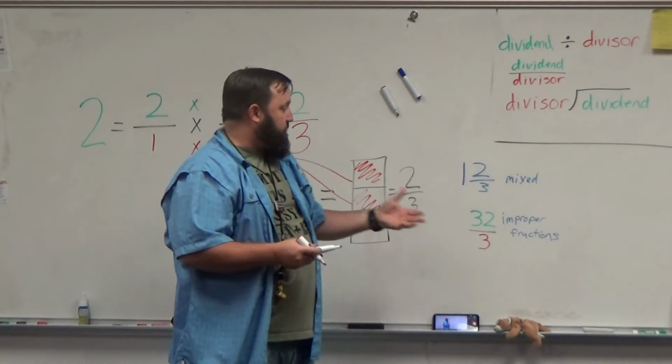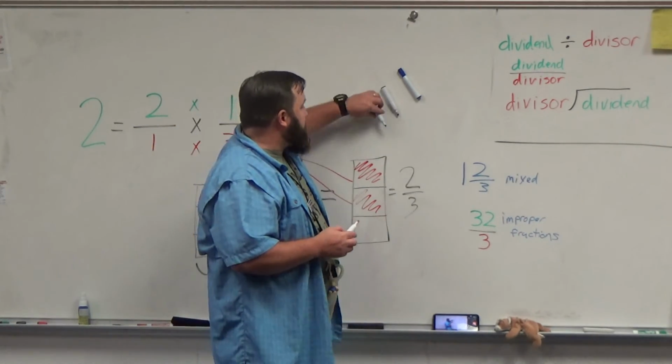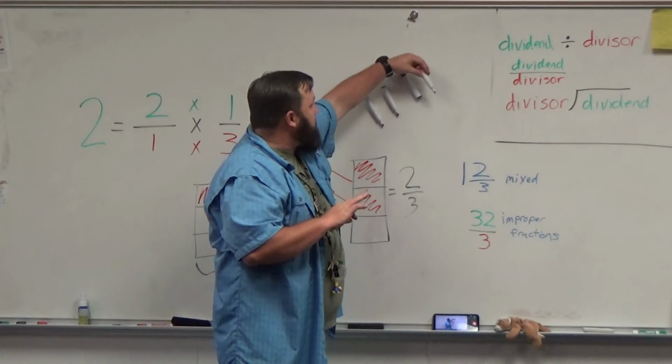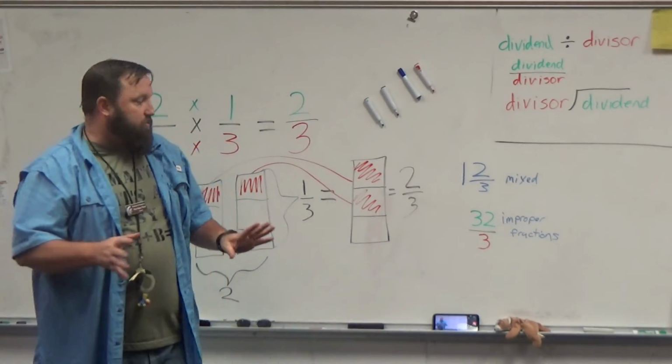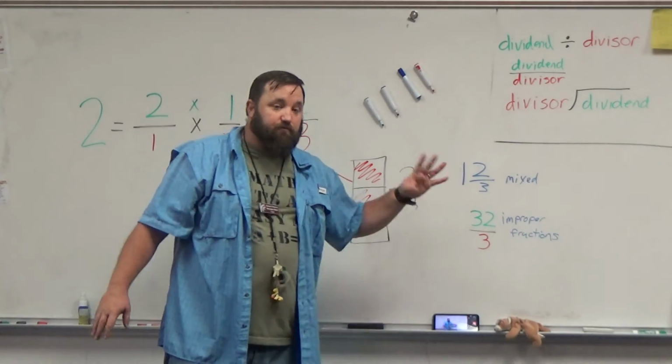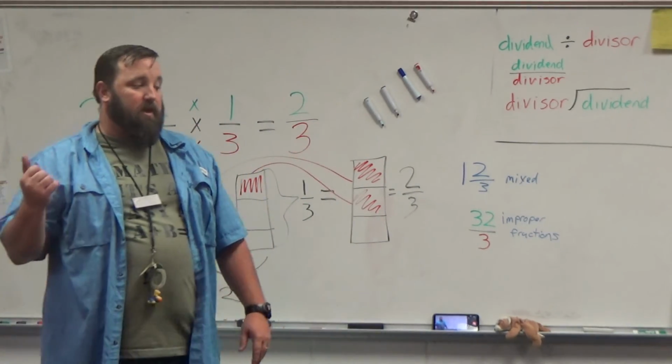So that would be an improper fraction, 32 over 3. And if you remember how to do those, that's great. I told all you guys that in class today. If you remember how to solve those and break them down, that's fine. But I also said I will take an improper fraction for today. And we'll talk about later how I want you guys to simplify those and knock them down.